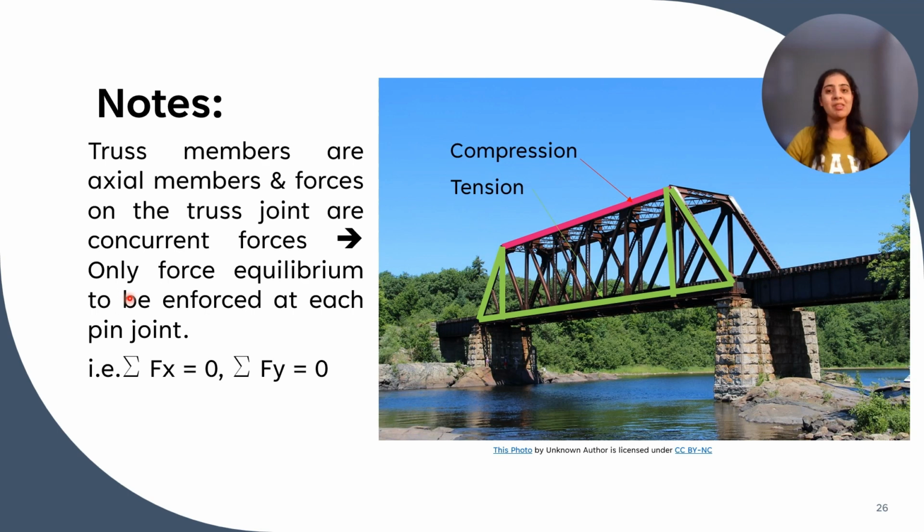Concurrent forces are forces that pass through a single point. So, for equilibrium, we only need two equations: summation of Fx equals 0 and summation of Fy equals 0.